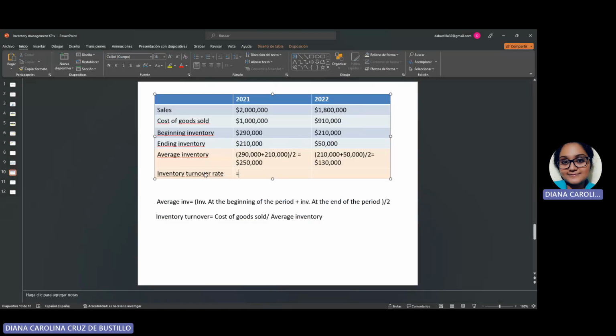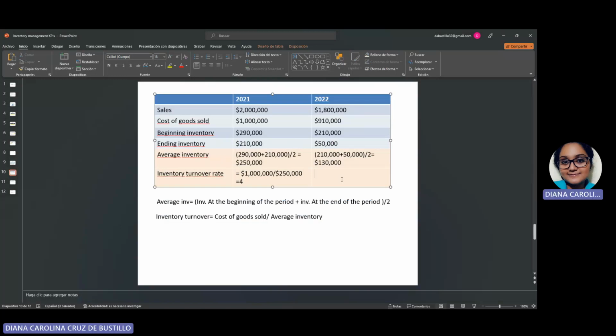This is going to be the cost of goods sold, which in this particular scenario is 1 million, divided by the average inventory, which is 250,000. Or 4, right?